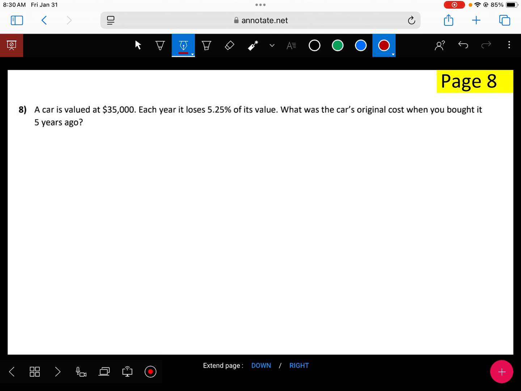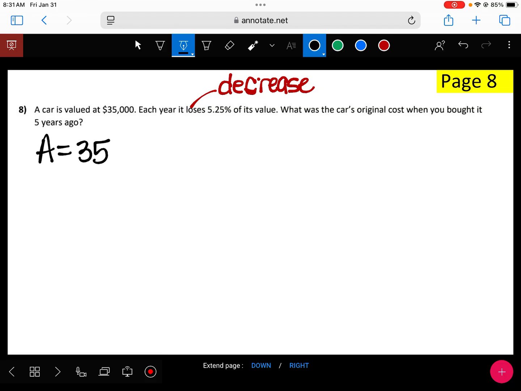So we have a car that is currently valued at $35,000. Each year, this car is losing value, so that means it's decreasing. Cars lose value, 5.25%. What was the car's original cost when you bought it 5 years ago? So we know right now, A is 35,000.